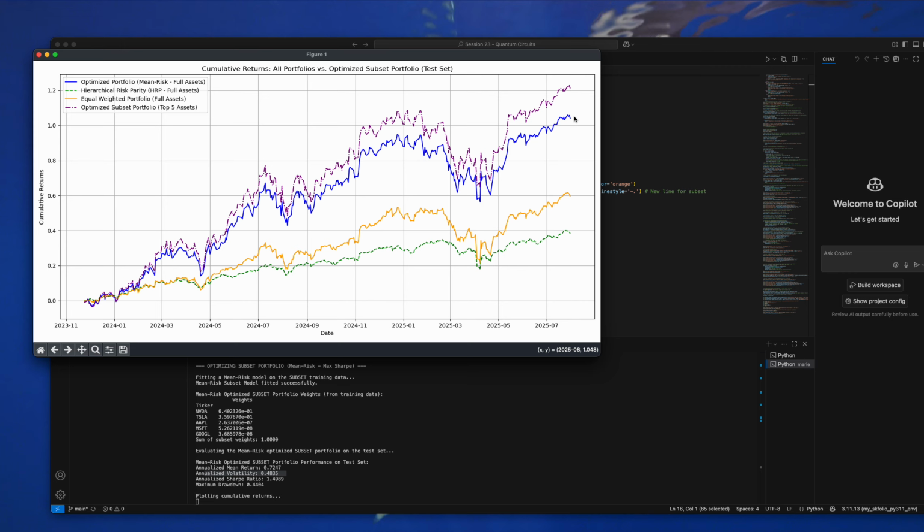Of course, reward is relative to the time frame you're looking at. You also have a higher drawdown in periods of volatility, but even with the drawdowns, you're still outperforming the equal weighted portfolio or the HRP portfolio.